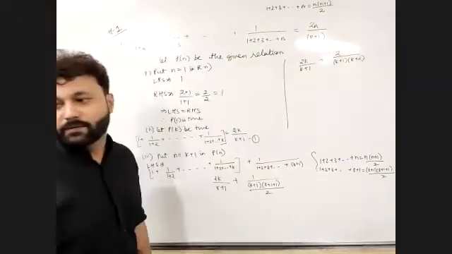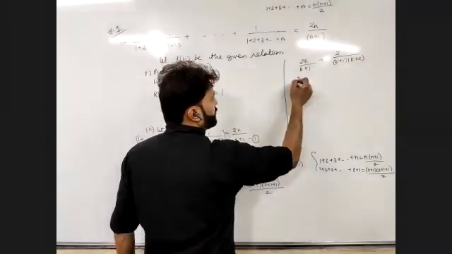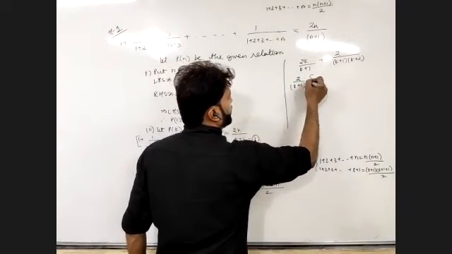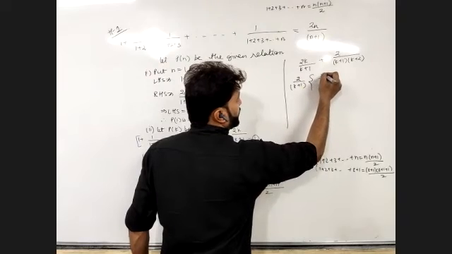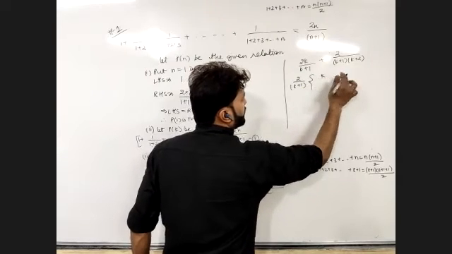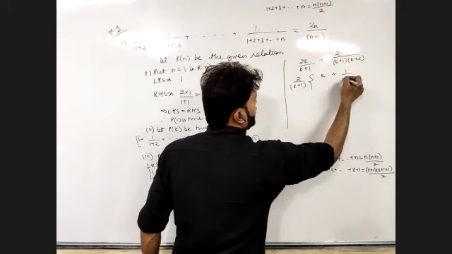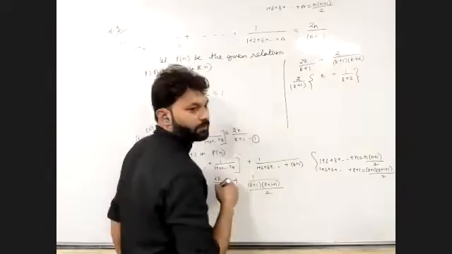What can we take common? 2 upon k plus 1. What will be left? k, plus 1 upon k plus 2.